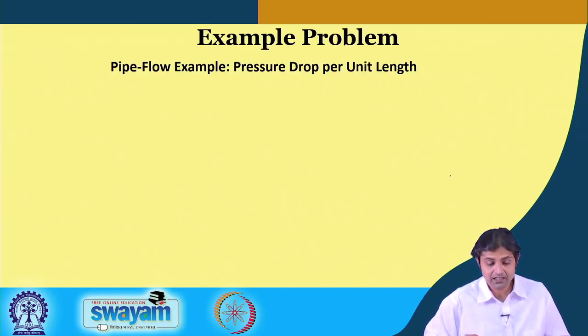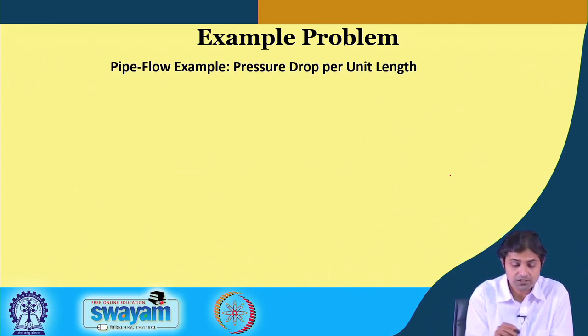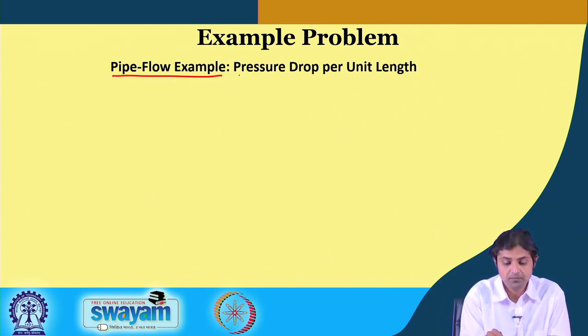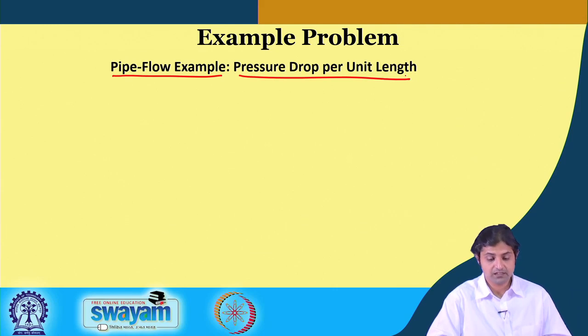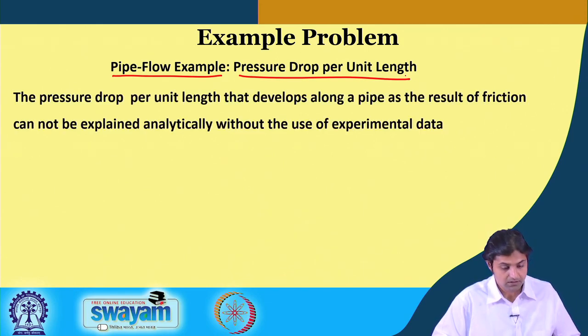So, let us take an example problem. It is a very famous problem, an example of pipe flow, and what we have to determine is the pressure drop per unit length. So, we will explore in principle how these things can be done using experiments, for example.